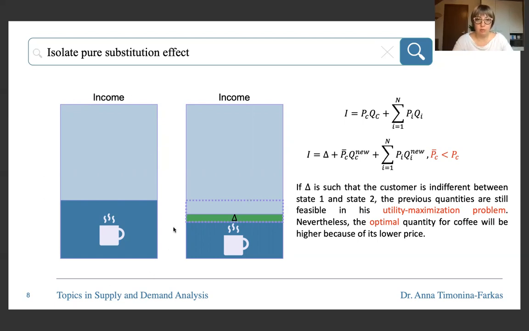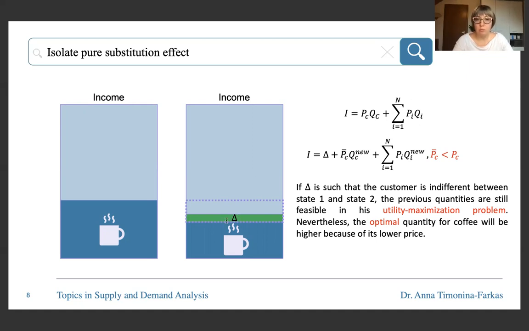Suppose there is a customer with income shown by this box here, and this customer spends this amount of money, shown with blue, on coffee. And of course, he spends some amount of money on some other goods. One can write it like this: income is equal to the price of coffee multiplied by the quantity of coffee he purchases, plus the sum of other prices and other quantities, which don't interest us at the moment.